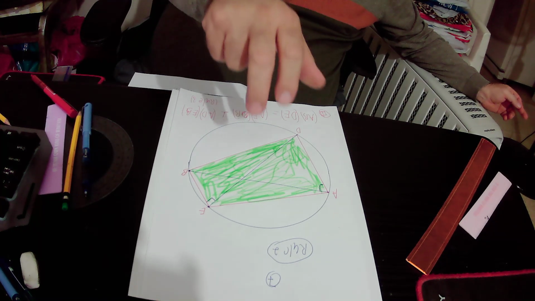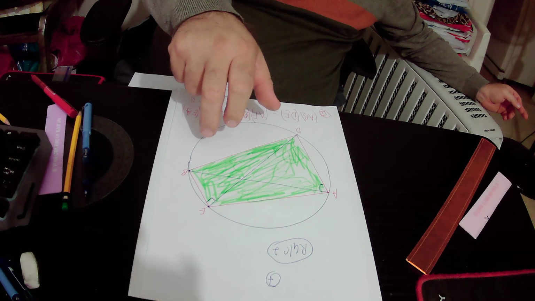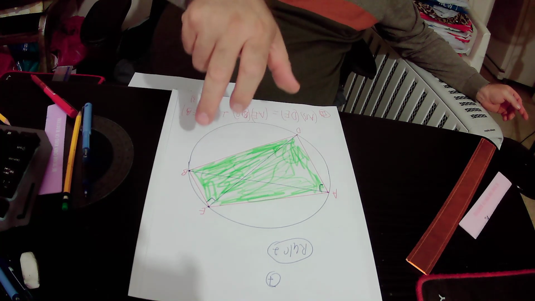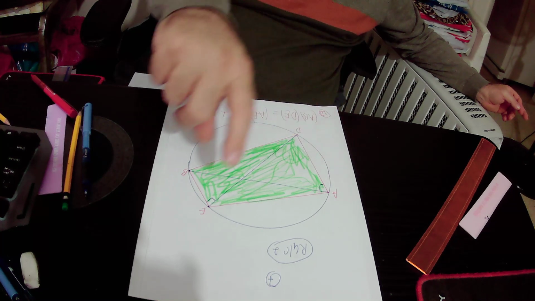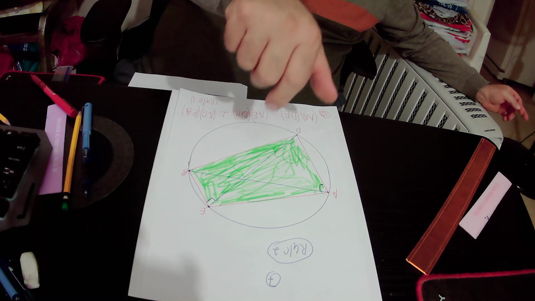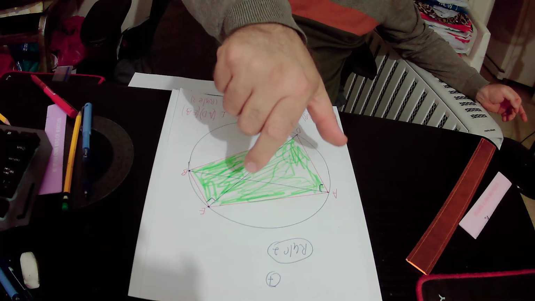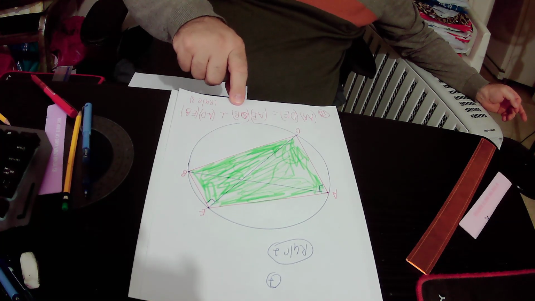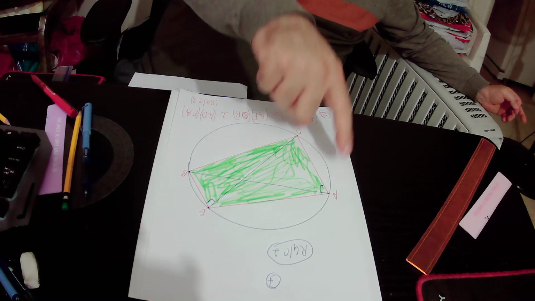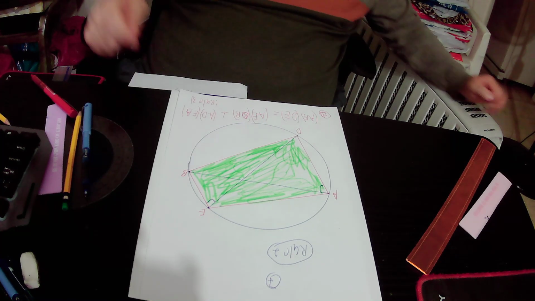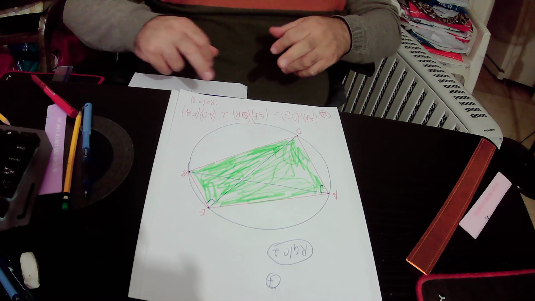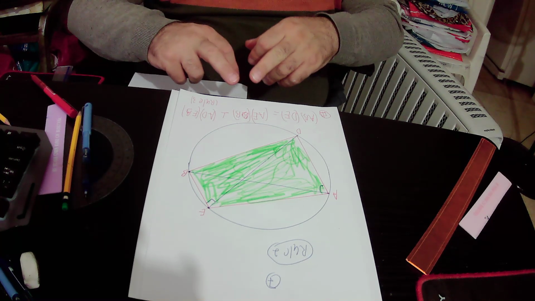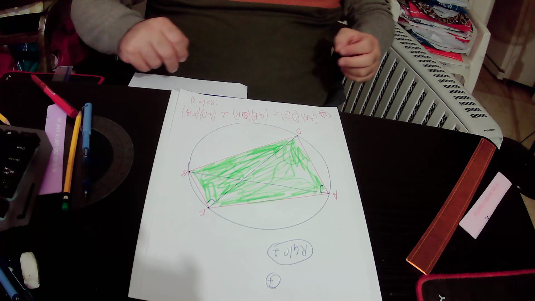Again, quadrilateral AEBD has two pairs of opposite sides. AE is opposite to DB and AD is opposite to EB. So the first product of its opposite sides is AE times DB, and the second product of its opposite sides is AD times EB, and the sum of the products of its opposite sides is AE times DB plus AD times EB.